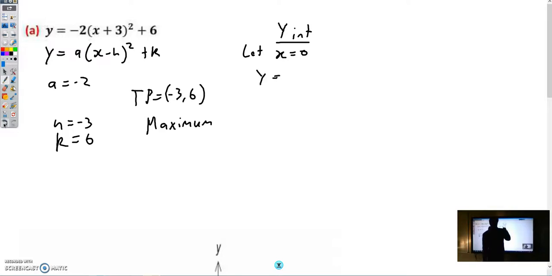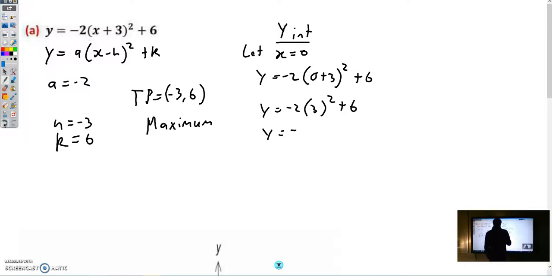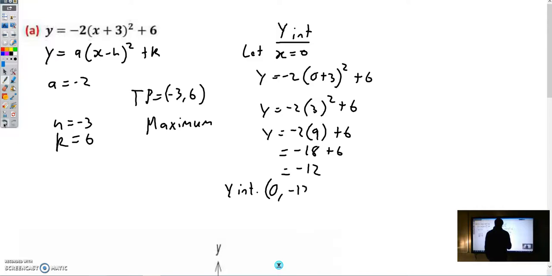So y is equal to negative 2 outside of 0 plus 3 squared plus 6. y is equal to negative 2 outside of 3 squared plus 6. y is equal to negative 2 outside of 9 plus 6, which is negative 18 plus 6, which is negative 12. So my y-intercept is 0, minus 12.